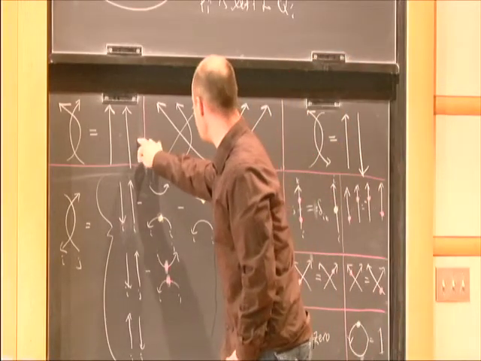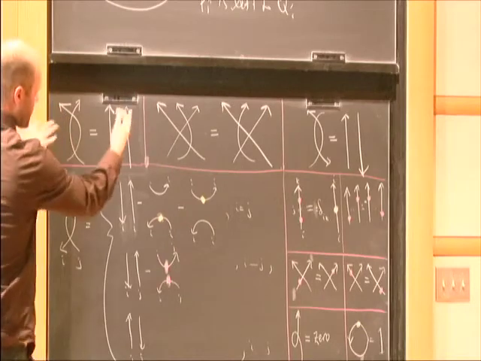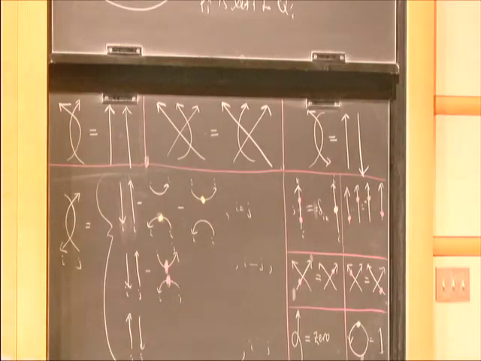So what these two relations guarantee, and a general morphism is a formal linear combination of such pictures, is that the group algebra of the symmetric group sits inside the endomorphism algebra of pi to the n in our category, because the crossings will satisfy those relations.